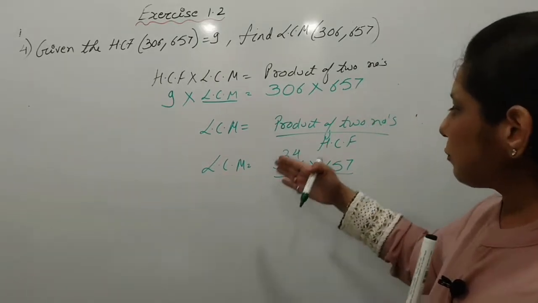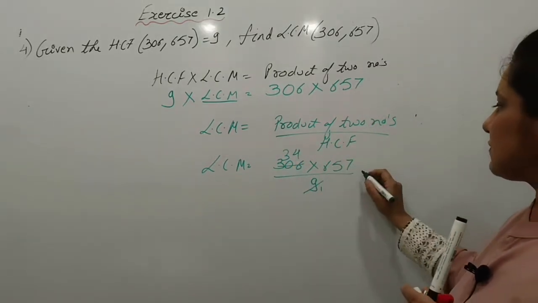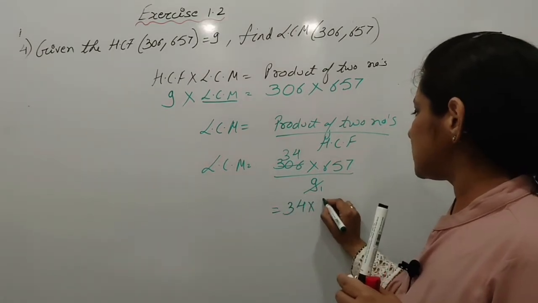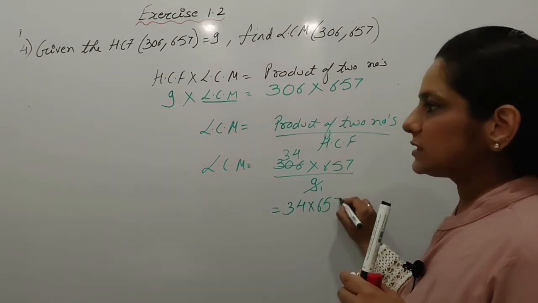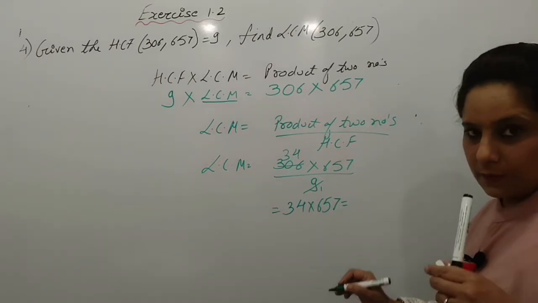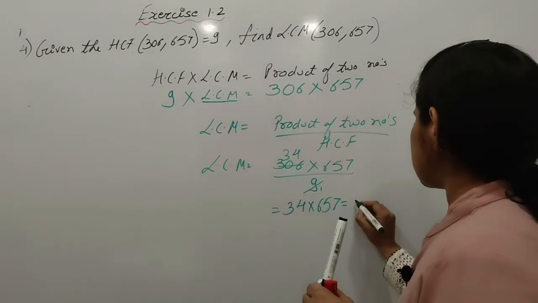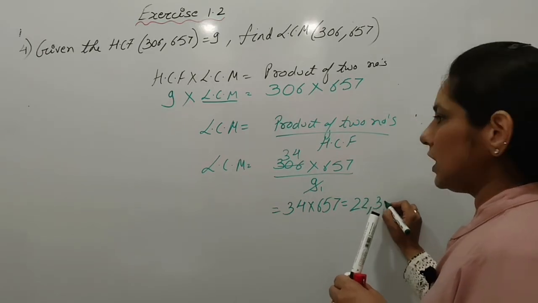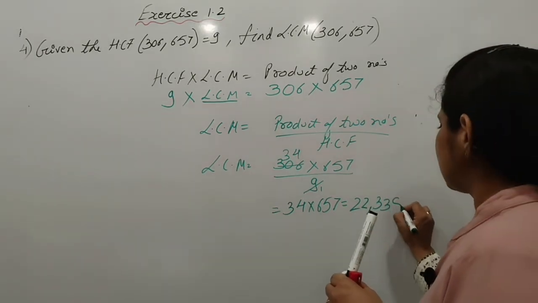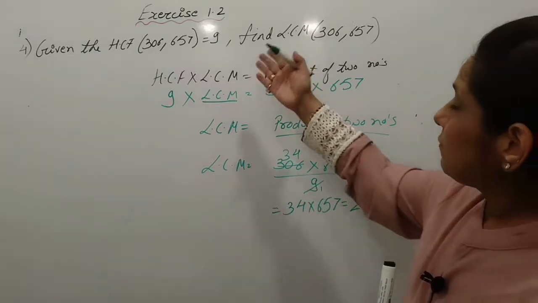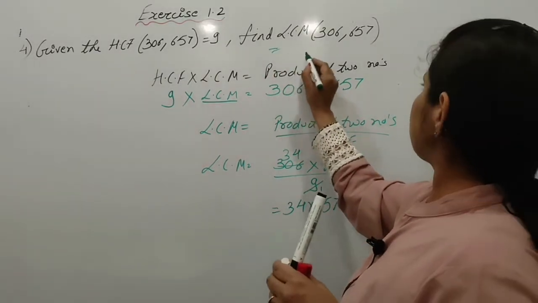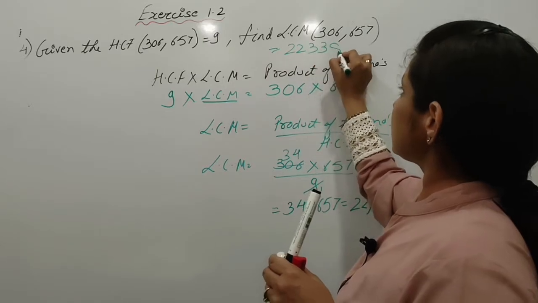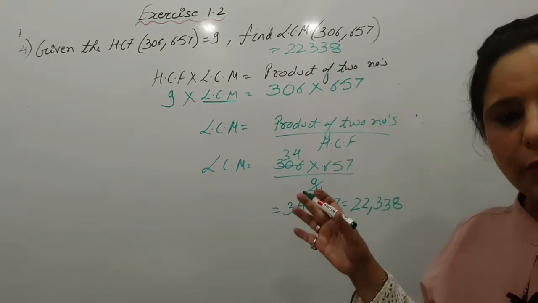So the LCM of 306 into 657 will be 34 into 657. Calculate that. 34 into 657 will be 22,338. So the LCM of this number is 22,338. So the fourth question is also done.